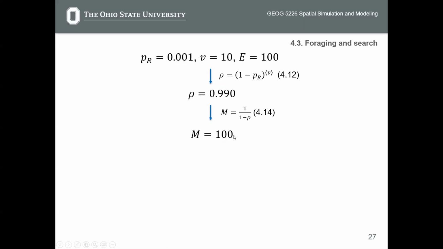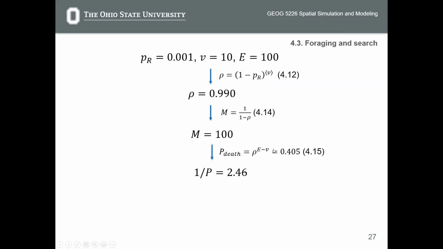M is important. And let's just continue. What's the death rate according to E, V, and rho given here? The death rate is 0.405, according to equation 4.15. What does it mean?